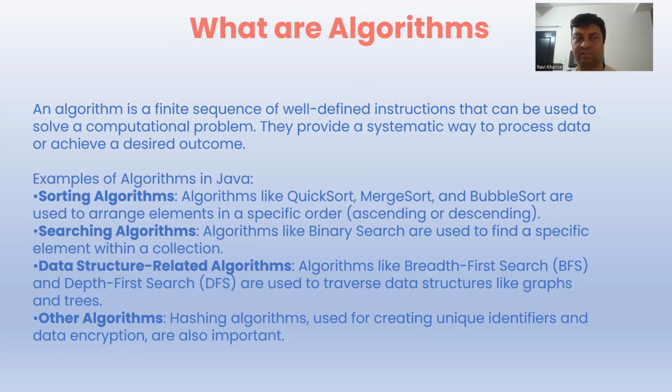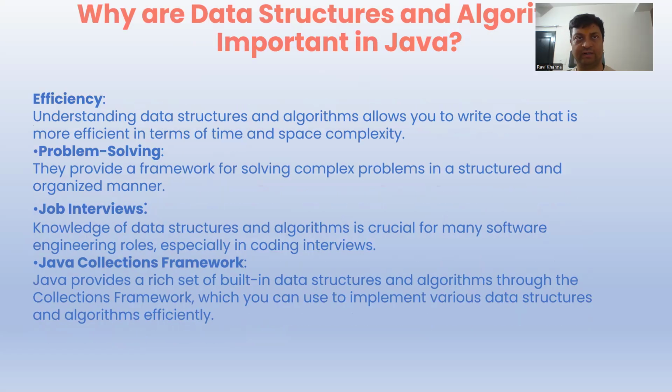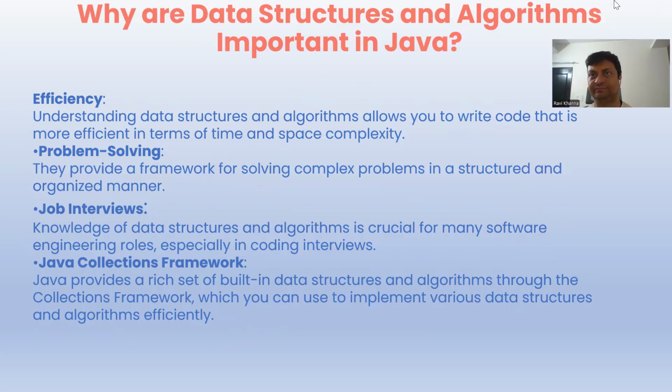Now there are various other algorithms as well, like hashing algorithms, which are used for creating unique identifiers, and data encryption is also important. Now, why are data structures and algorithms important in Java? We use data structures and algorithms in various programming languages like C and C++ as well. But here we will see the various usages.